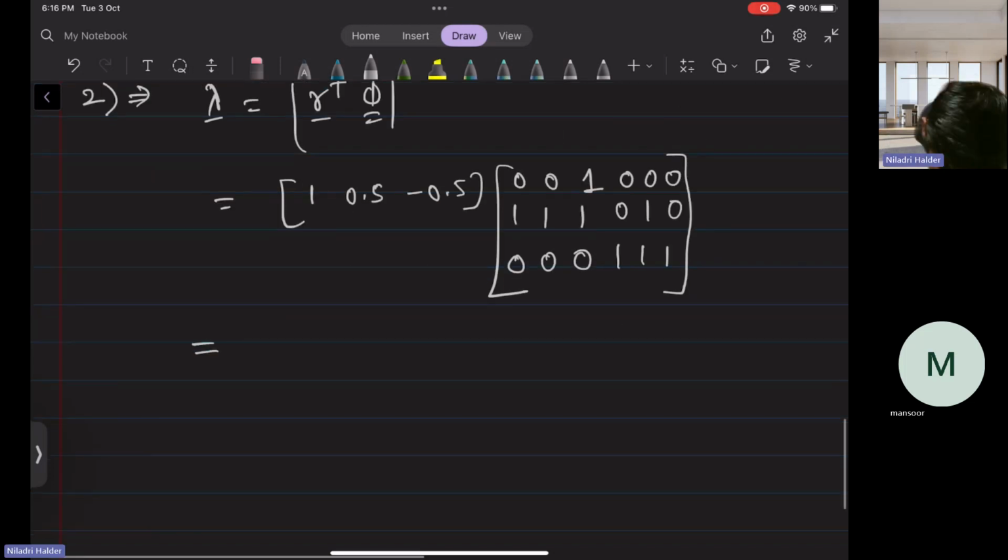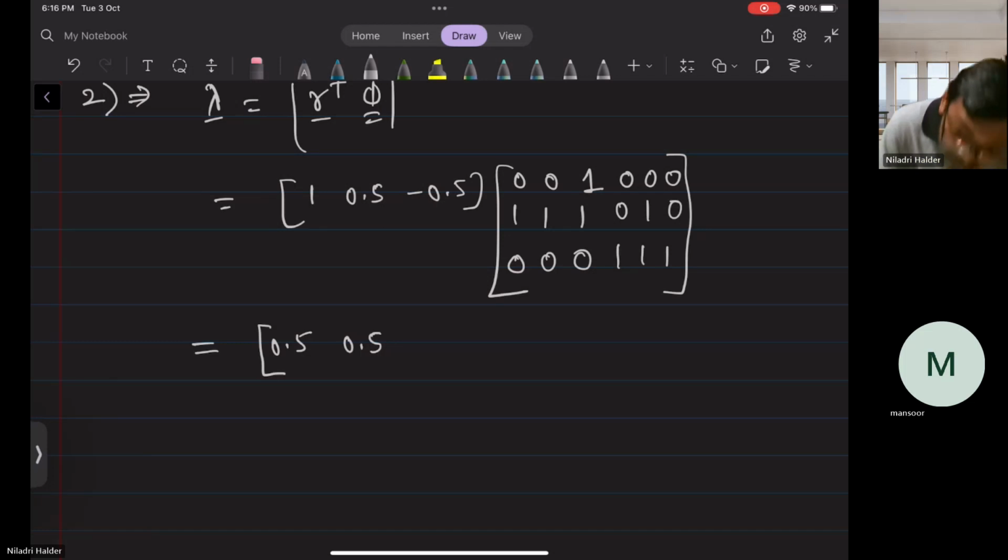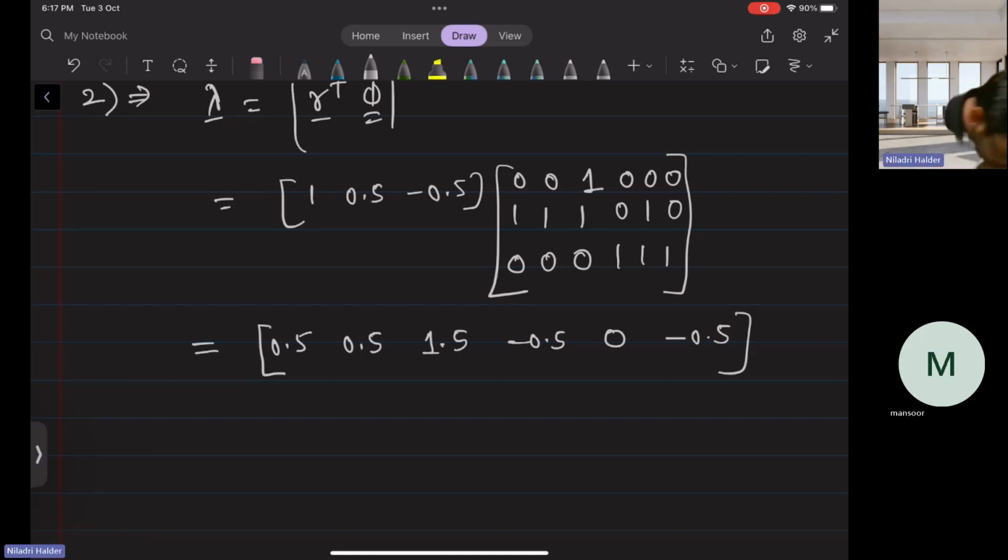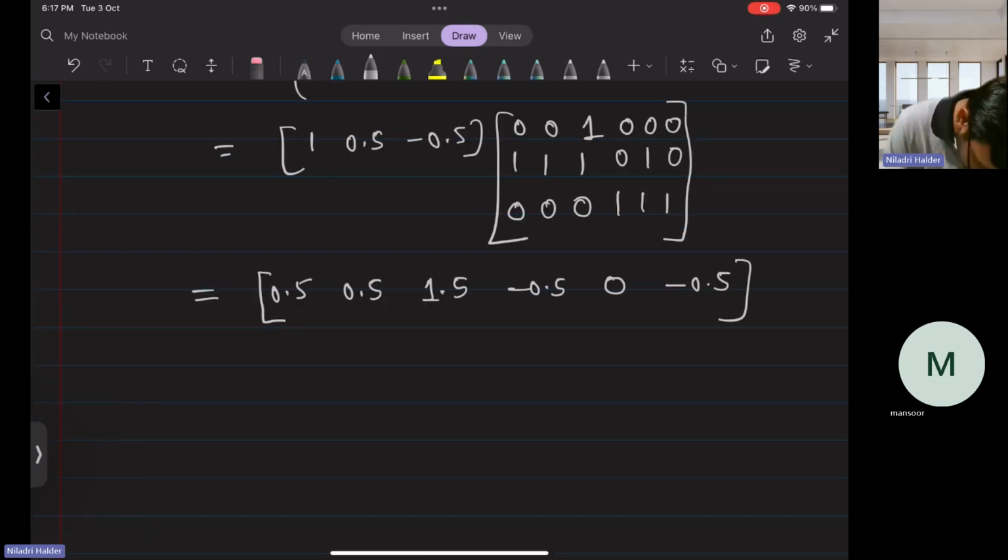So that is equal to 0.5 0.5, 1.5 1.5, and then minus 0.5, then this is 0, and then this is minus 0.5. And the absolute value of this, so this minus will become plus and this will also become plus.